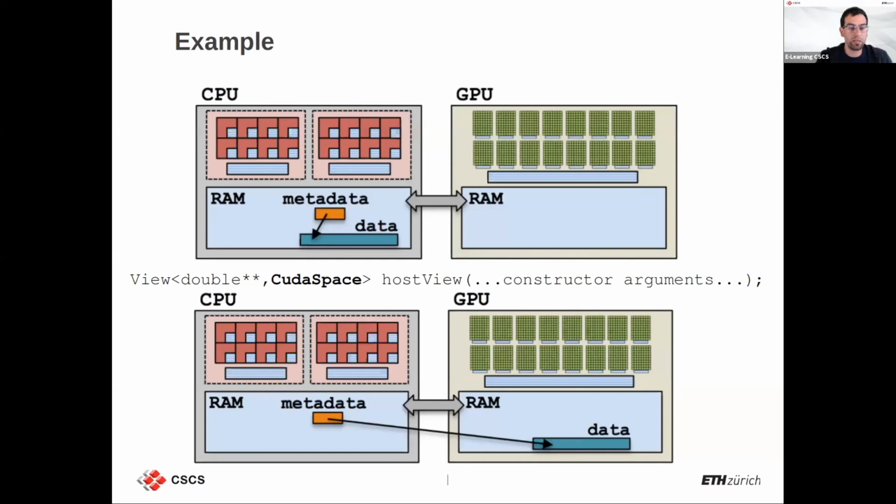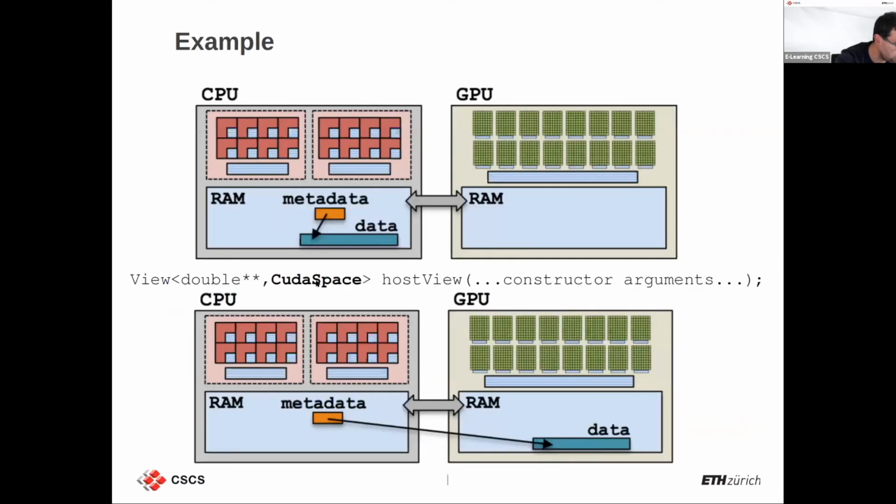So let's see some examples. Let's consider the host, so the CPU, and the GPU. In this case, we create a host view. We have a view of doubles with 2 dimensions, and we decide the CUDA space as a memory space.